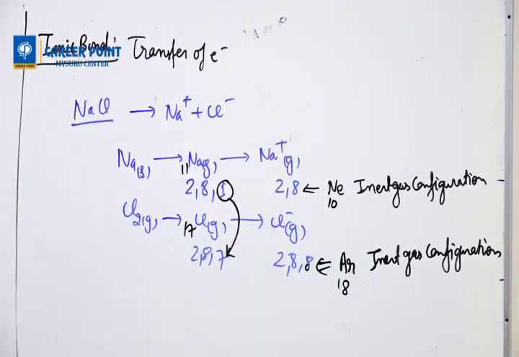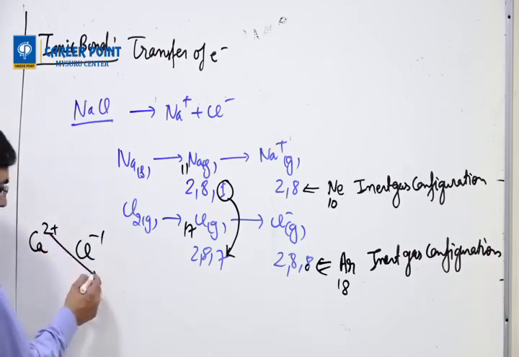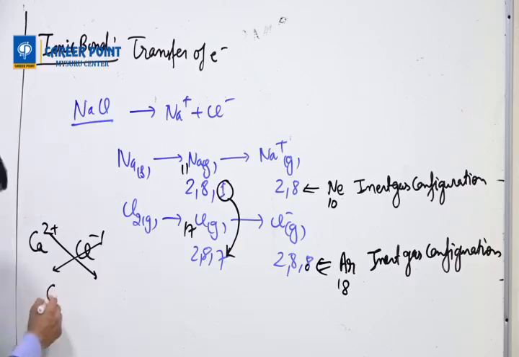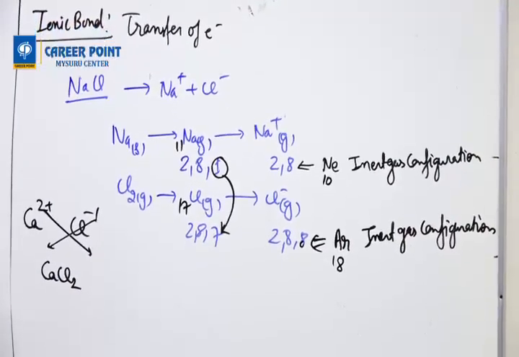Understand this point? Okay. Once I get this, then we have to do compound formation, such as Ca will form Ca2+, Cl will form Cl-. Then for compound formation, 2 will go here, 1 will go there. This is called cross multiplication, and we'll have a compound called CaCl2.